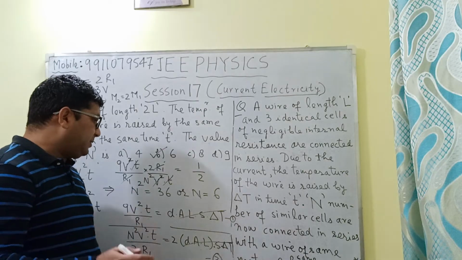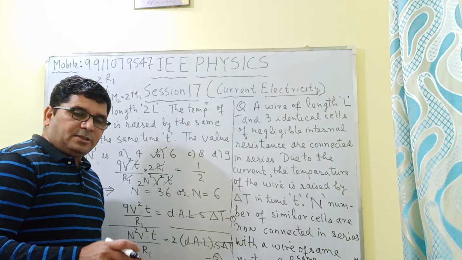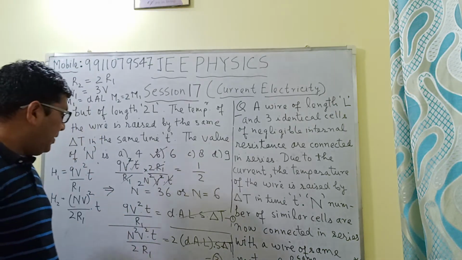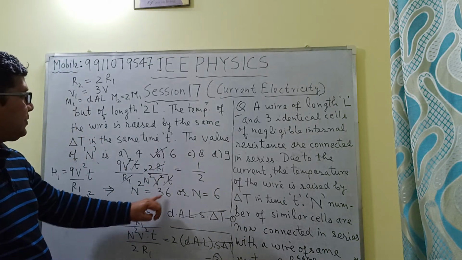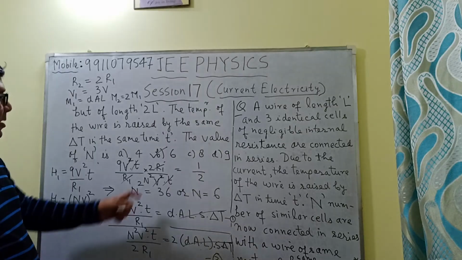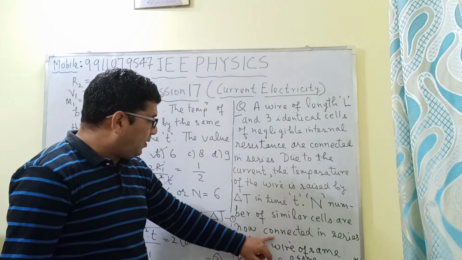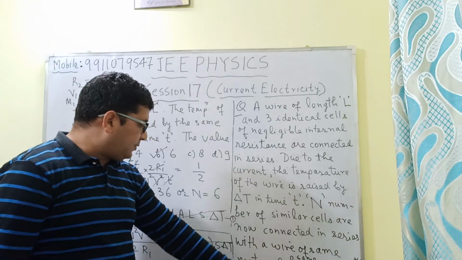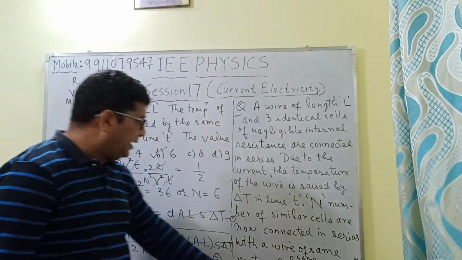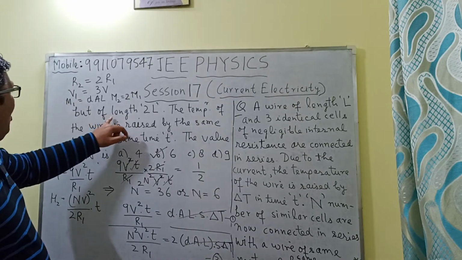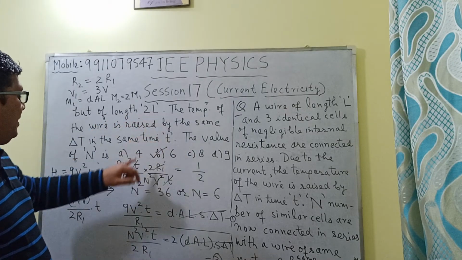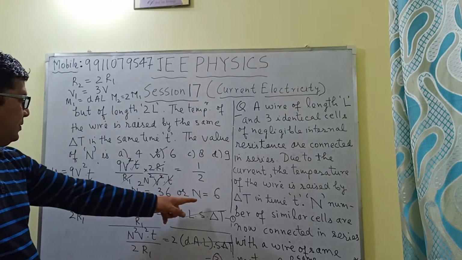By using that equation, we were able to solve this question, and the number of cells required to be connected in series with a wire of the same material and same cross-sectional area A, but of length 2L, will be equal to 6.